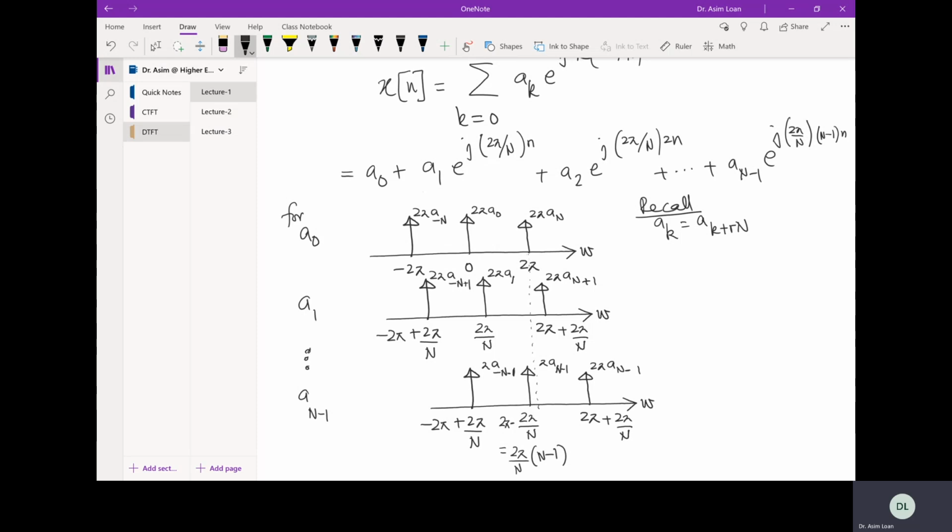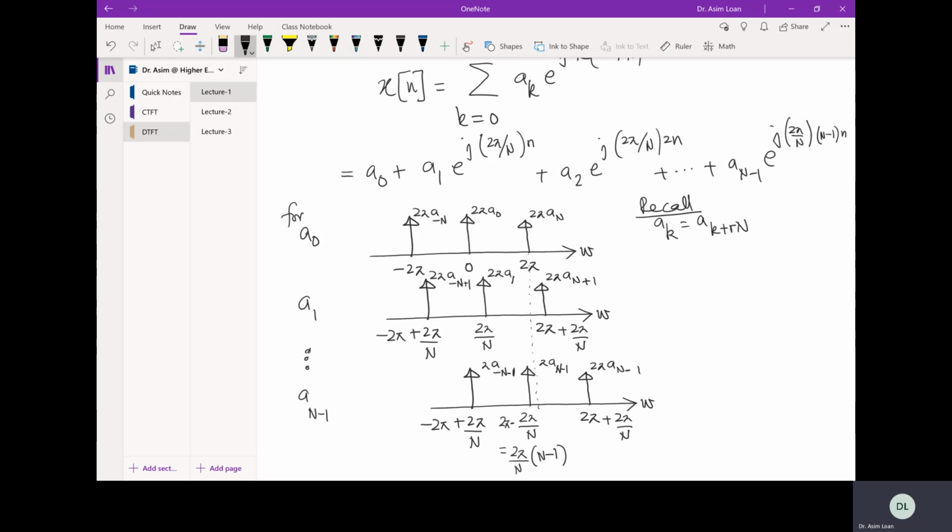Right? So this one is 2 pi minus 2 pi. So 2 pi comes out, 2 pi over n comes out, and I am left with n here and n minus 1. Right, this is all right.